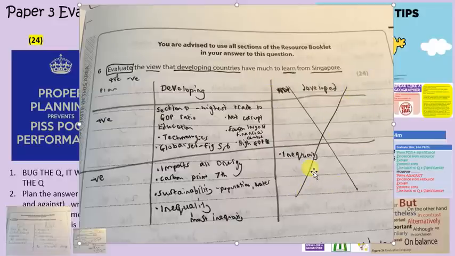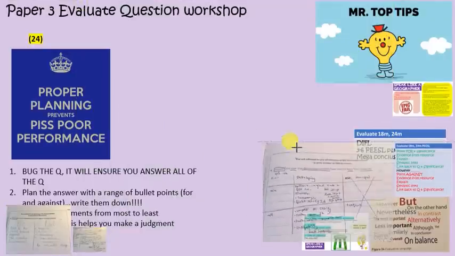And then he's crossed it out because he's realised, hang on a minute, the question's not asking for developed countries, it's asking for developing countries. So bugging and planning, that's evidence right in front of your eyes. It stopped the student from going wrong straight from the off. His plan now becomes, right, just developing countries. So you can see the value in doing that, hopefully.